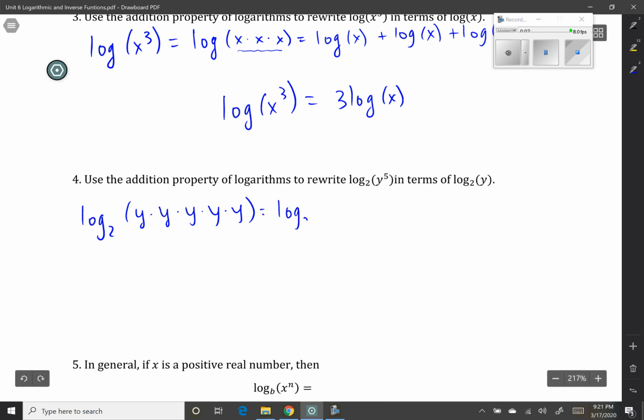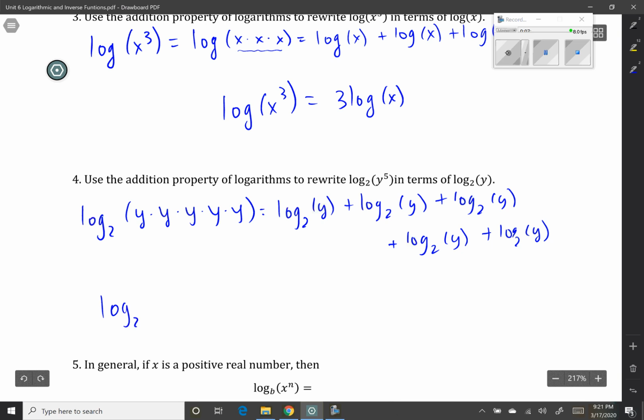So I can say log base 2 of y plus log base 2 of y, etc. Running out of room here. And there are 1, 2, 3, 4, 5 of them. So we could say log base 2 of y to the fifth power. Well, that's the same thing as 5 log base 2 of y.